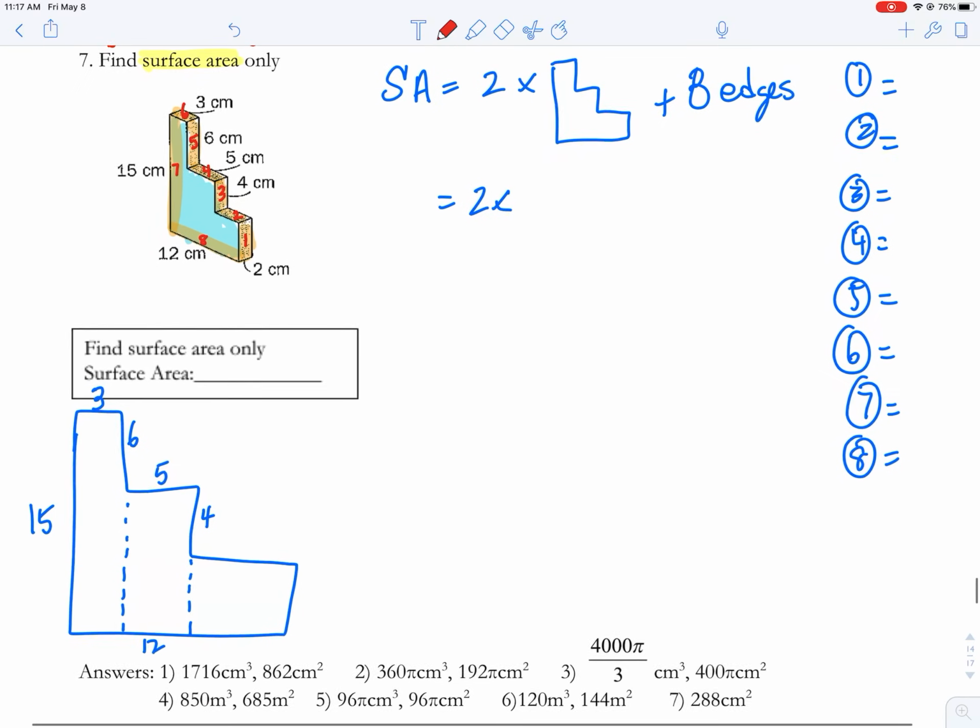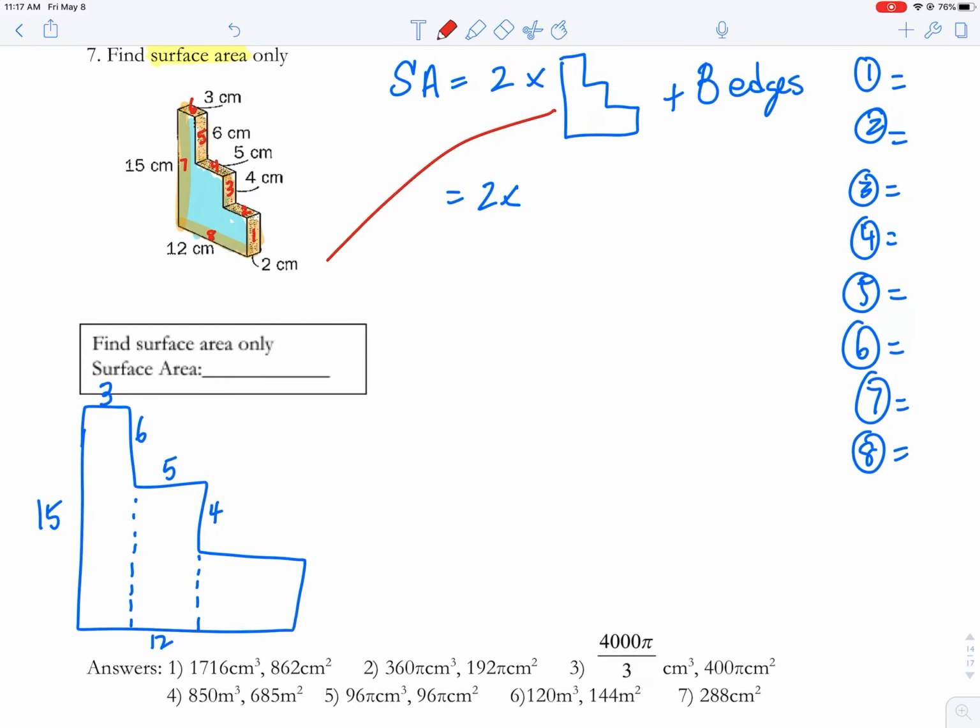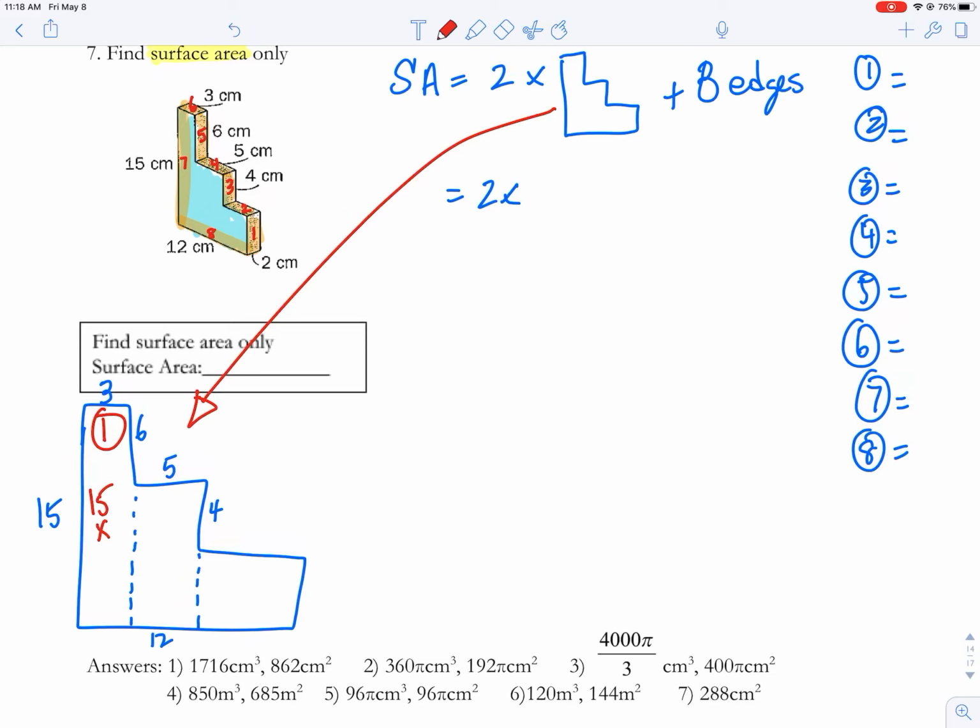To find the staircase shape, I drew it again down here with all the edges that I know. And I broke it into 3 different rectangles. So this first rectangle here would have a height of 15 and a width of 3, so that's going to equal 45.